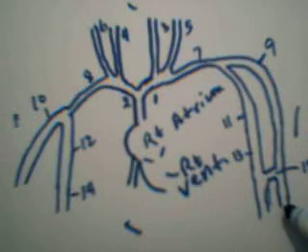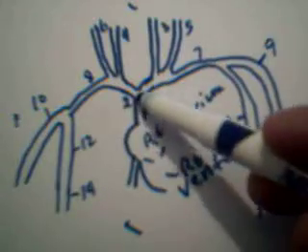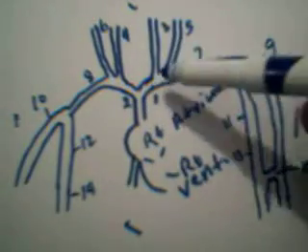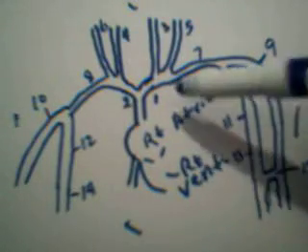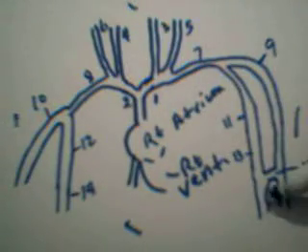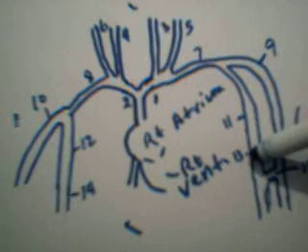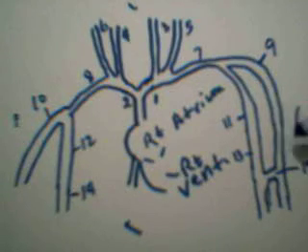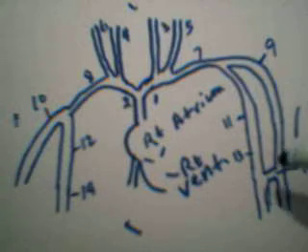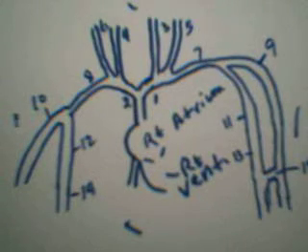That's the left forearm. And blood's going to have to go through, well, first, since it's going back to the heart, it's going to start over here. Number 13, which is the basilic, or sorry, number 9, the cephalic, or 15, the median cubital vein.